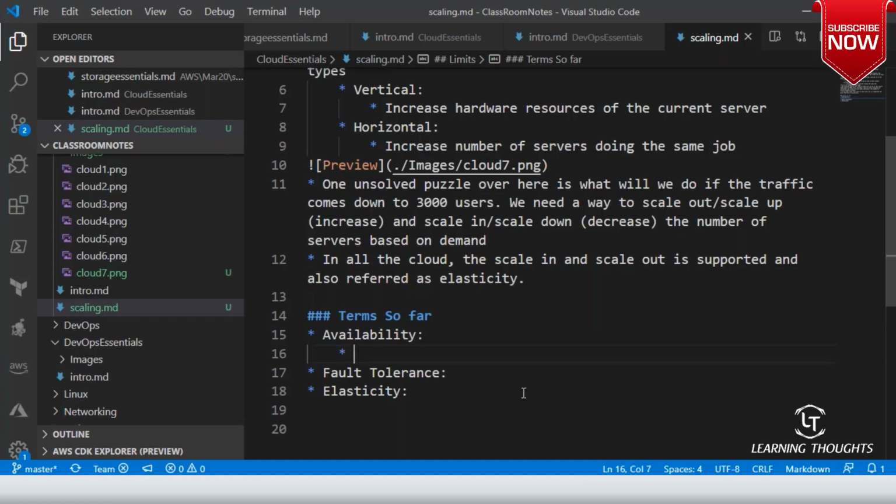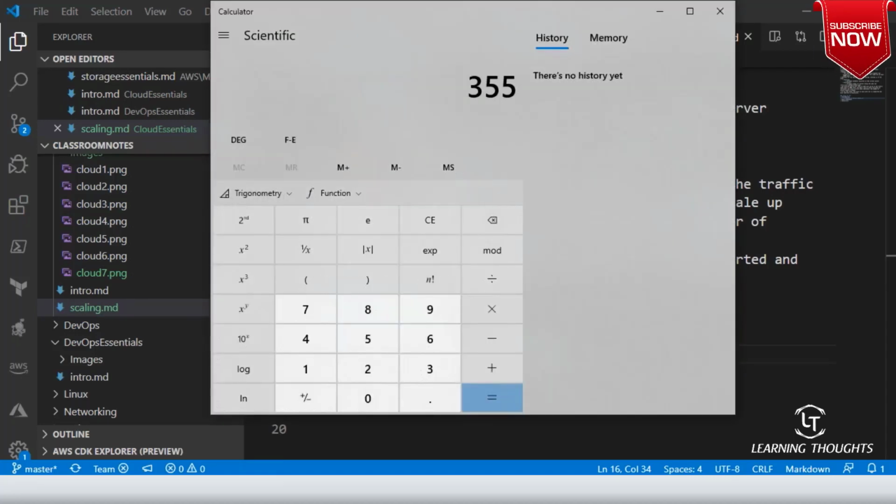Availability is a property or a measure of system uptime. So for example, if your system is up for 355.5 days out of 356 in a year. Let me do that simple stuff. What is availability? 355.5 days. Oh, sorry.